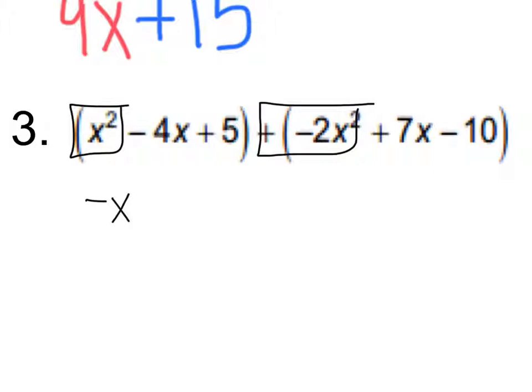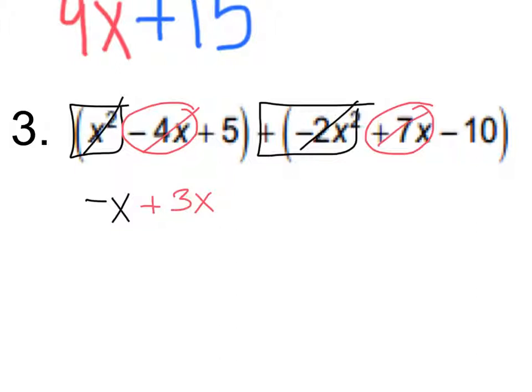Moving on, and if you'd like, you could then cross them out so you don't try to use them again. Now I have a negative 4x and a positive 7x. So that will make a positive 3x, 7 minus 4. And again, if you'd like, you could cross them out since you've completed them and you don't want to try to reuse them.